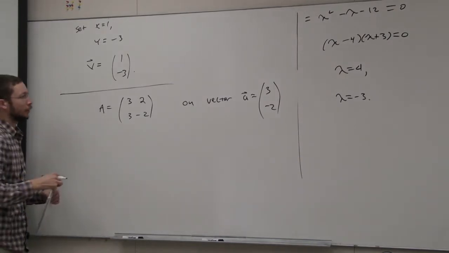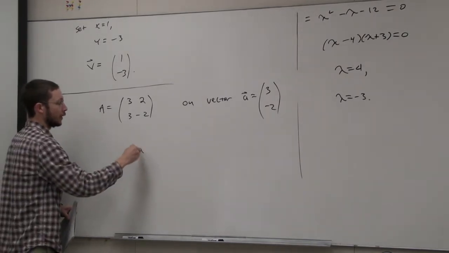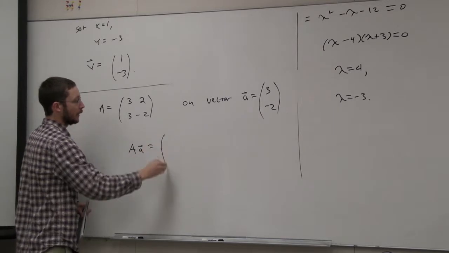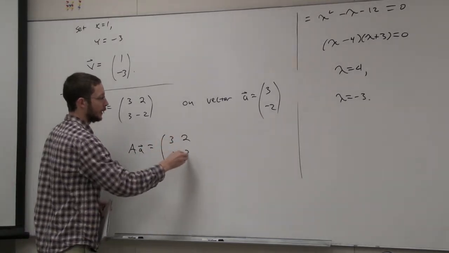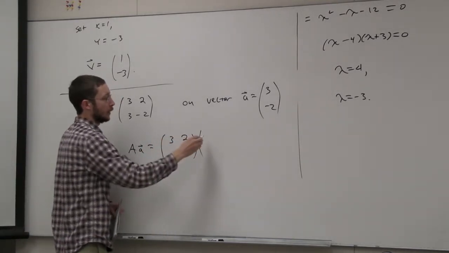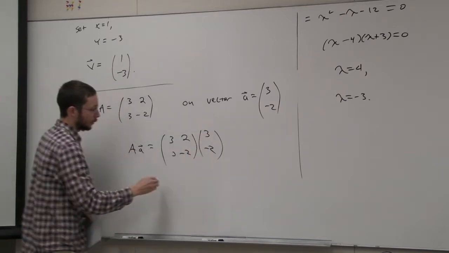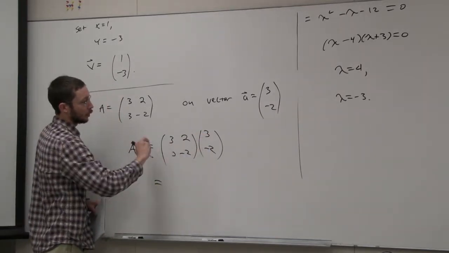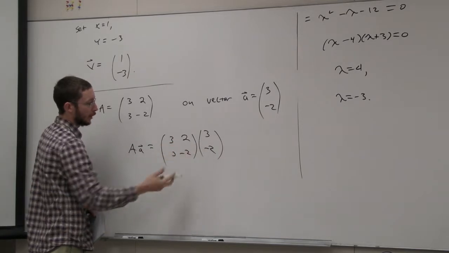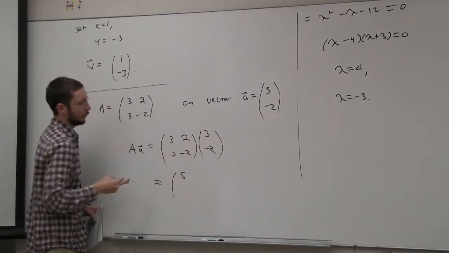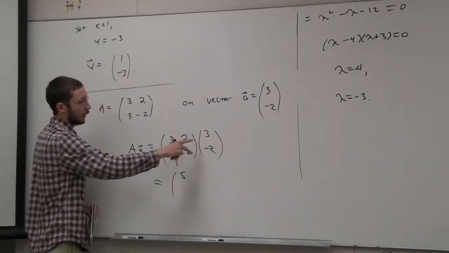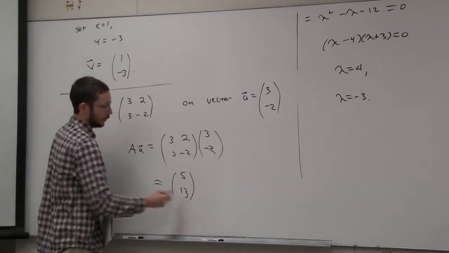Then we can certainly just compute this, and it's not difficult, it's just multiplication, right? 3, 2, 3, -2 on this vector 3, -2, matrix multiplication says you get 9 minus 4, which is 5, and 9 plus 4, which is 13.